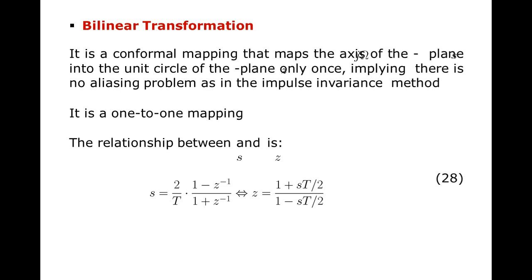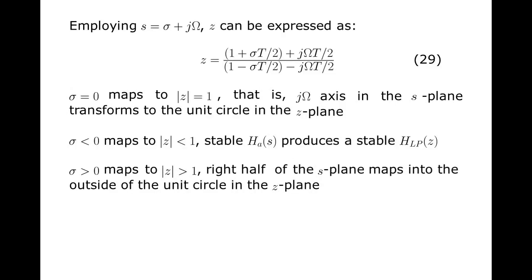It is a one-to-one mapping, and the relation between s and z is s equal to 2 by T into (1 minus z raised to minus 1) upon (1 plus z raised to minus 1), and z is equal to (1 plus sT by 2) upon (1 minus sT by 2). So s is equal to σ plus jΩ.